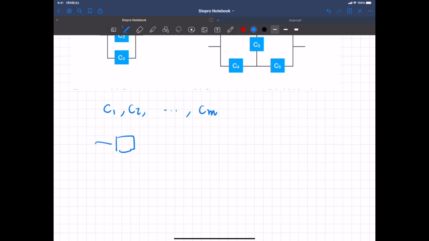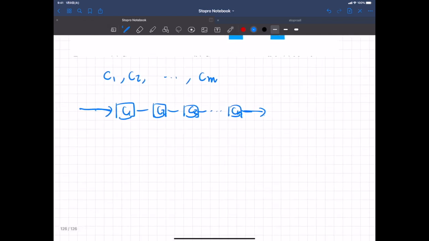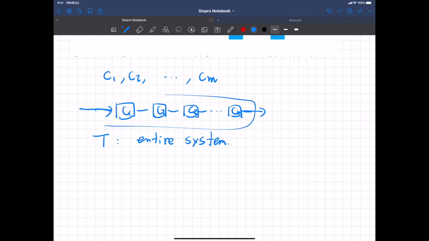So we have something like this. Input comes here and output goes there. In this case, let's say T is the time to failure for the entire system, and let's say Ti is the time to failure of the component Ci.